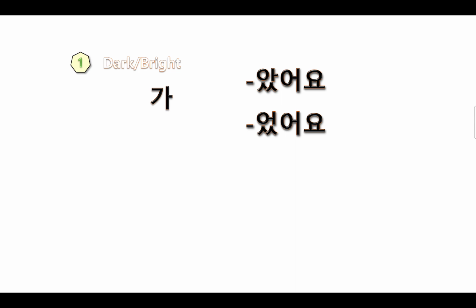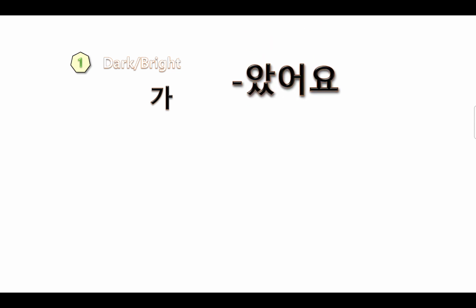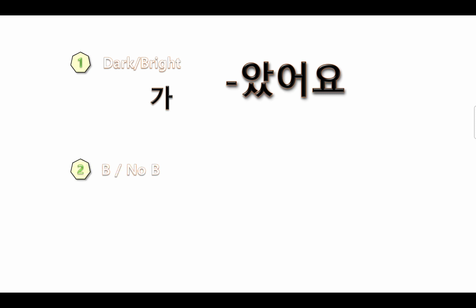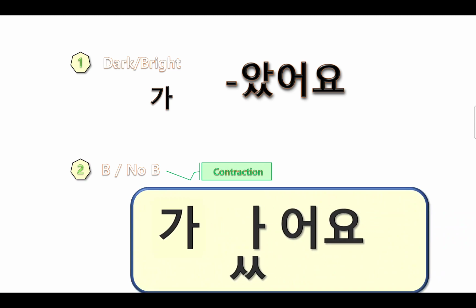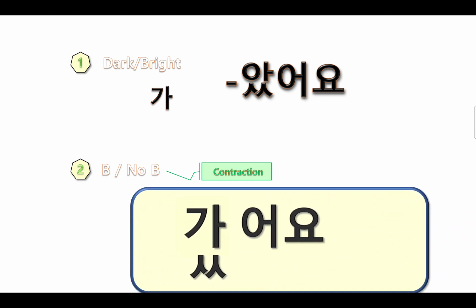So 가다 is a bright vowel. We are going to choose 았어요. And the second step is 받침, no 받침. Because 가 has no 받침, contraction. Okay, because 가 is no 받침. So 가 plus 았어요, 2 becomes 1, 가았어요. So contraction, 갔어요.